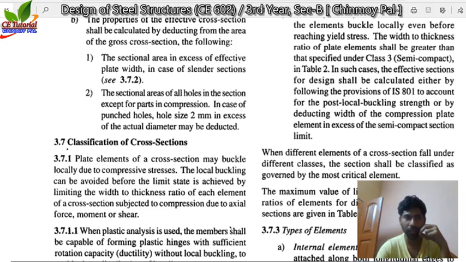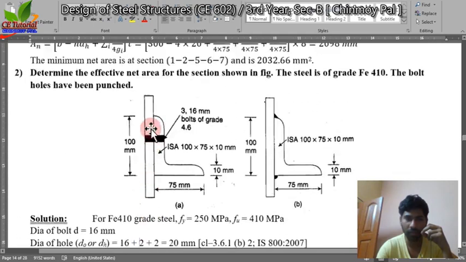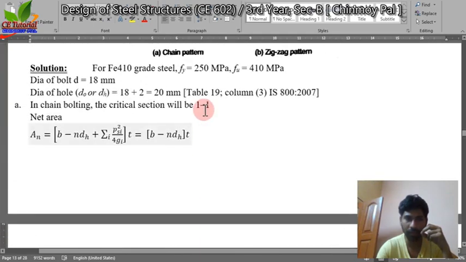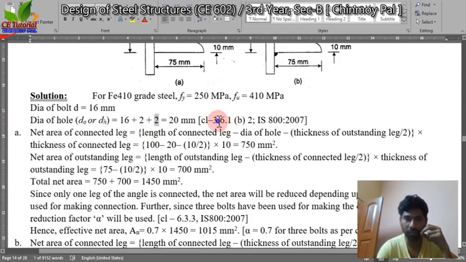That means we have to add to the hole diameter. That's why. The first 2 is coming from table number 19 and the second 2 is coming from clause number 3.6.1.